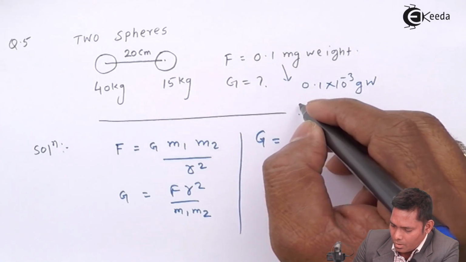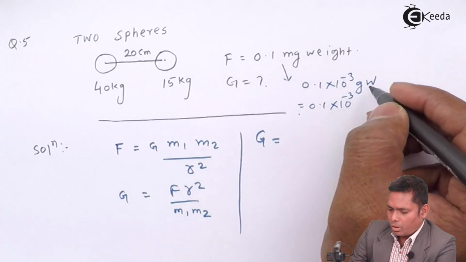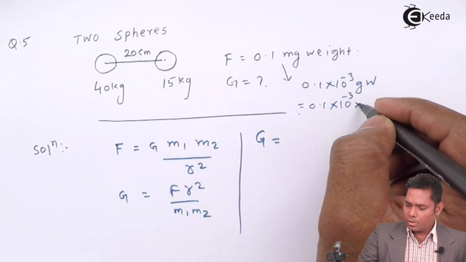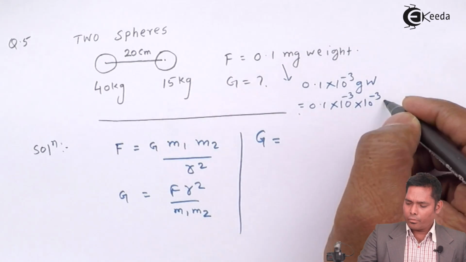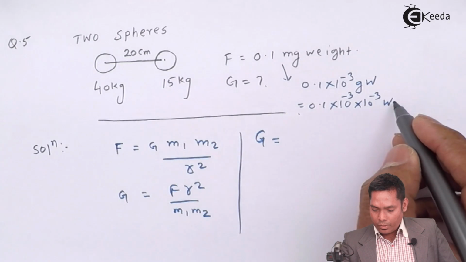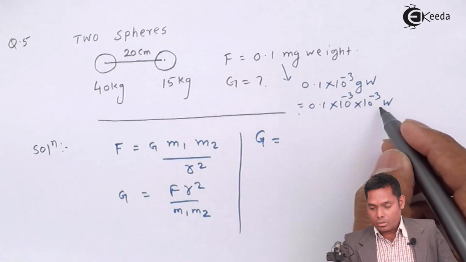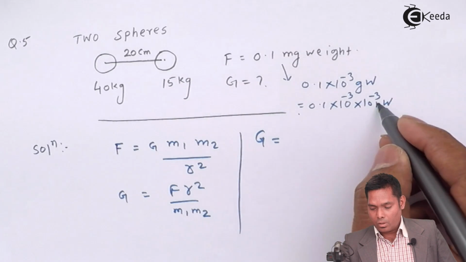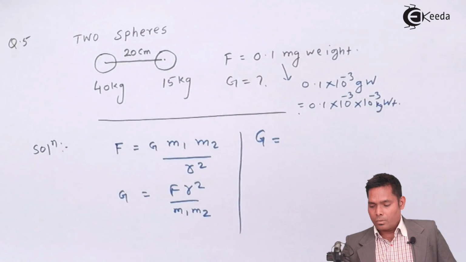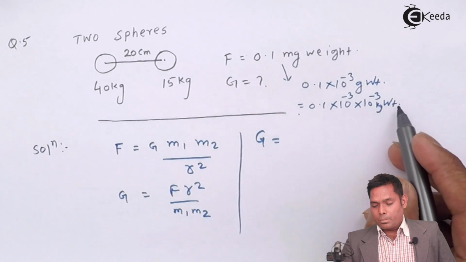Now this I will convert into kilogram. So this gram is 10 raised to minus 3 kilogram weight. This is now kg weight. When you talk about kg weight, then you have to multiply by g.